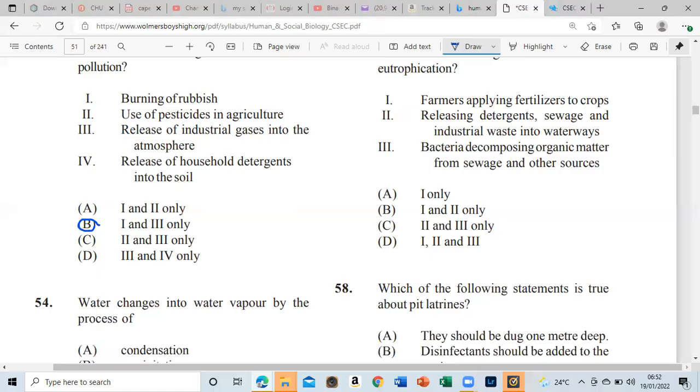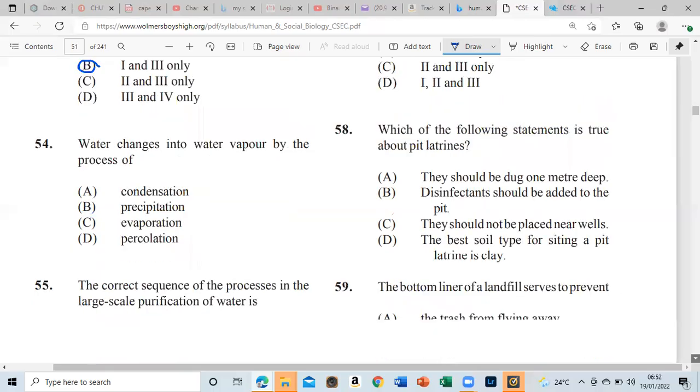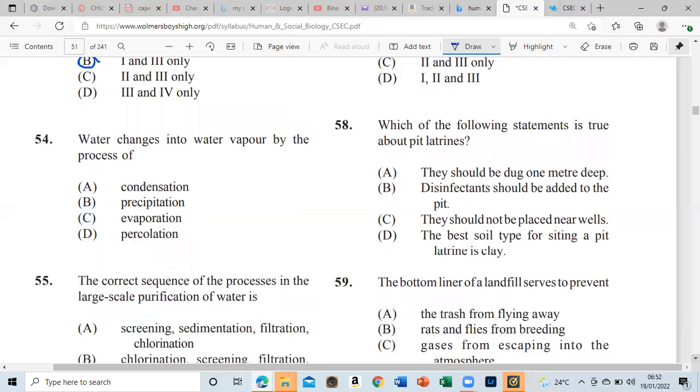54. Water changes into water vapor by the process of, is it A, condensation, precipitation, evaporation, or percolation? Which is it for 54? And that would be C, evaporation. Let's move on to 55.